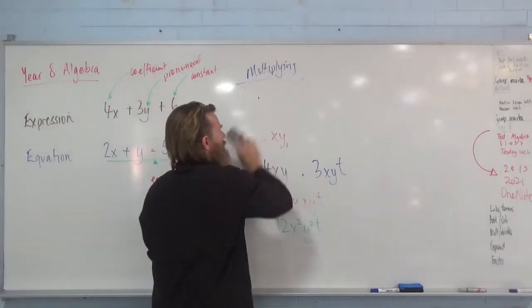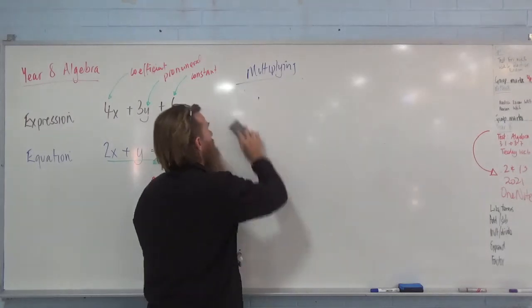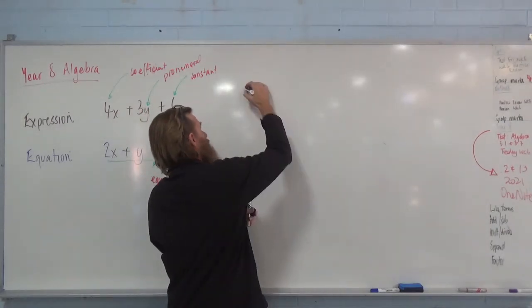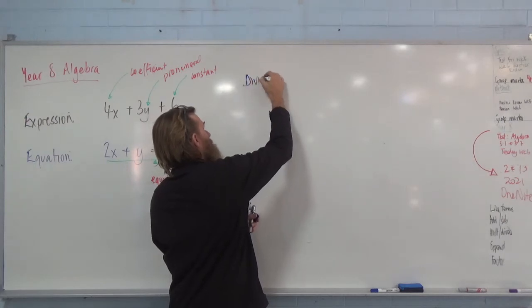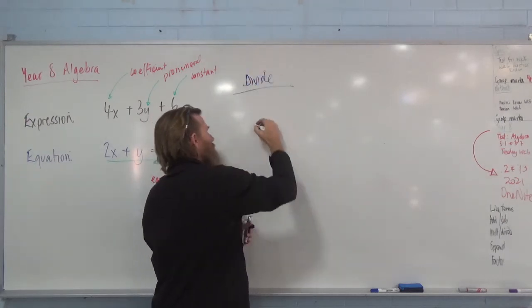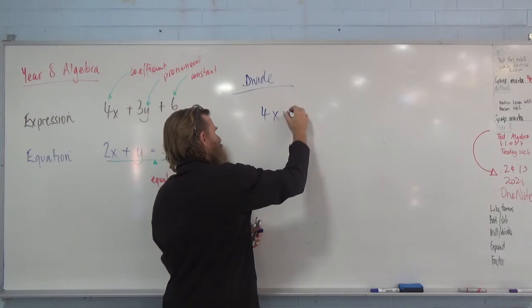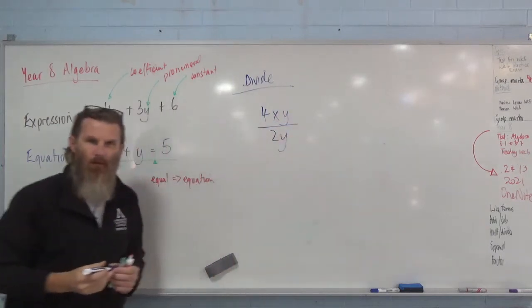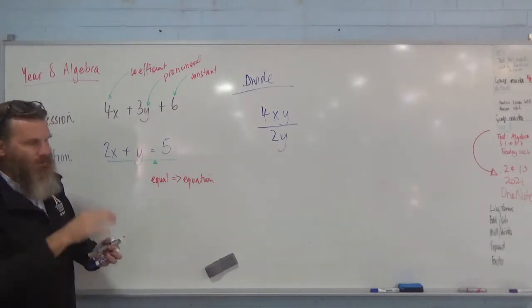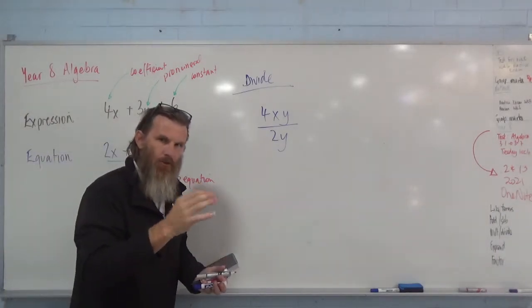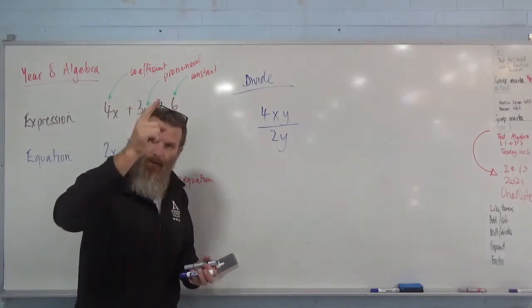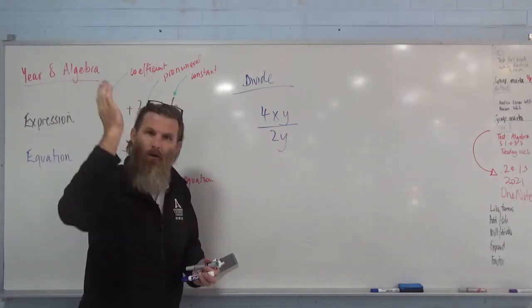Rightio, let's go on to divide. You can replay these anytime you like. Let's go on to divide. Right, let's say we've got 4xy divided by 2y. Now, this is an easy one to start with because you look at the top line, you see what you've got, you look at the bottom line, anything that is on both of them, you cancel out.